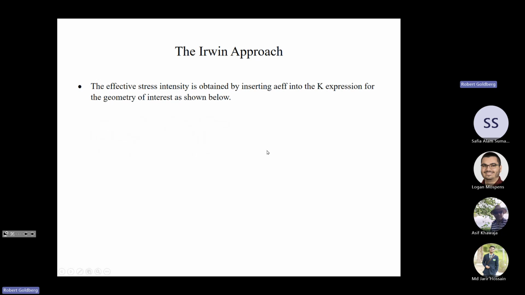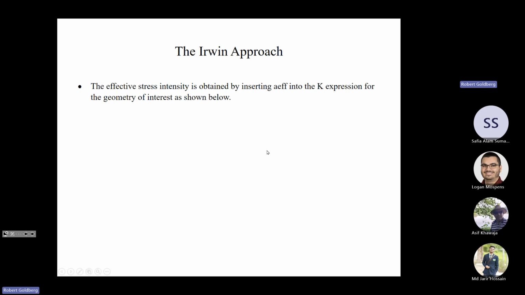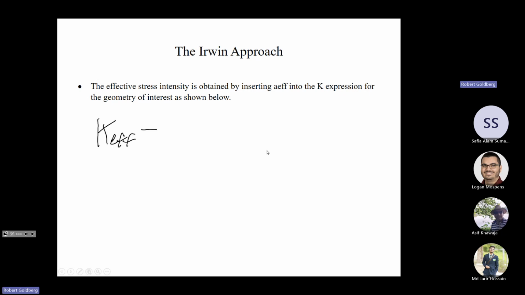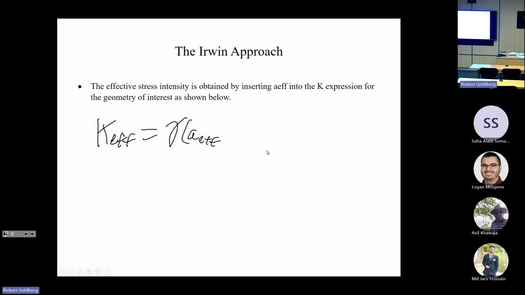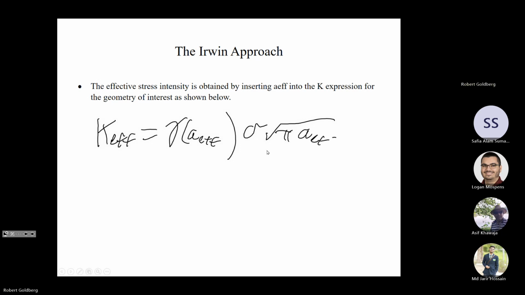So to make it general for whatever geometry we look at, because when we talked about the various stress intensity factors, we stuck in this generic Y or gamma term to account for the effects of the various geometries. The stress intensity factor equations were different depending on what geometry we had. So we say that the effective stress intensity factor is equal to some correction factor gamma, which is a function of our effective crack length, not our original crack length, times our stress times the square root of pi times the effective crack length.